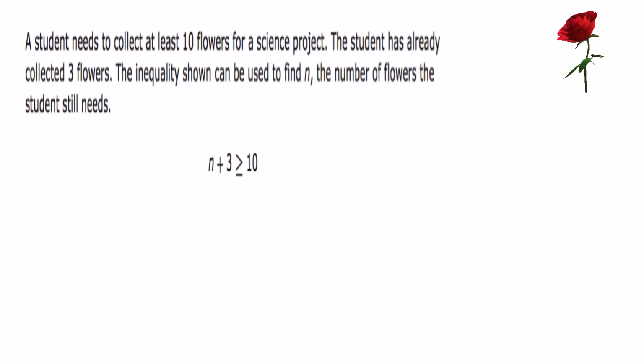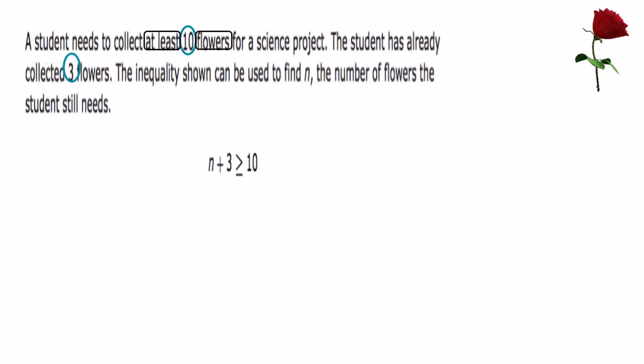We're going to annotate. So I'm going to start off by circling important numbers, 10 and 3. Now, I'm going to box in keywords: at least, and flowers.